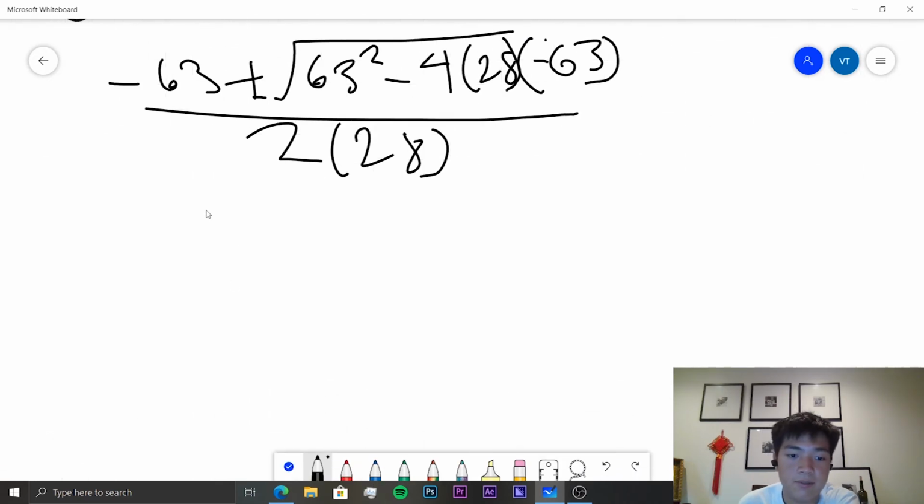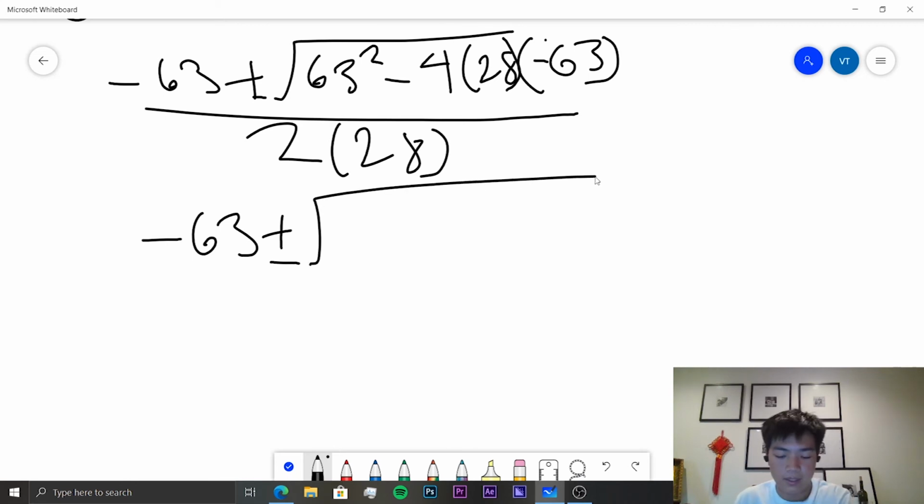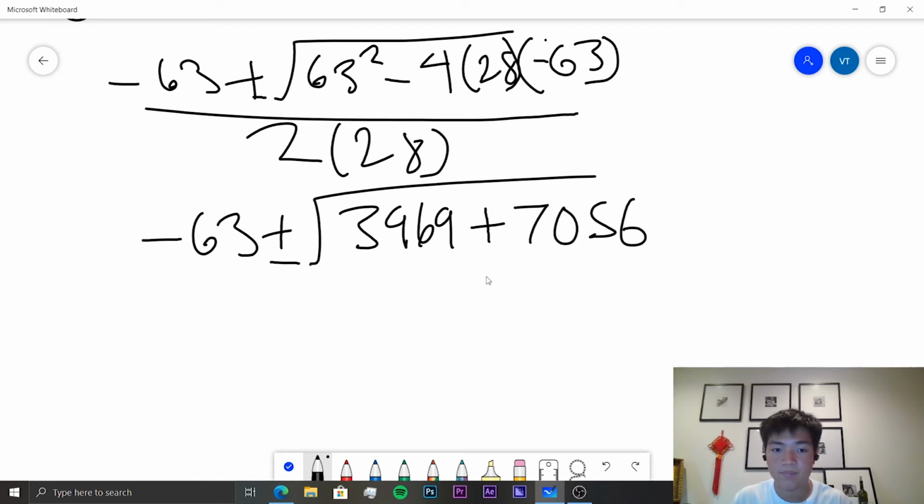So that's negative 63 plus or minus the square root of 63 squared, which is 3,969, minus 4 times 28 times negative 63, so it's actually plus 7,056, divided all by 56.